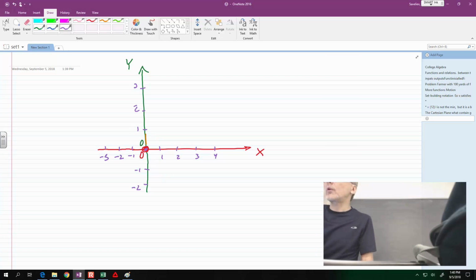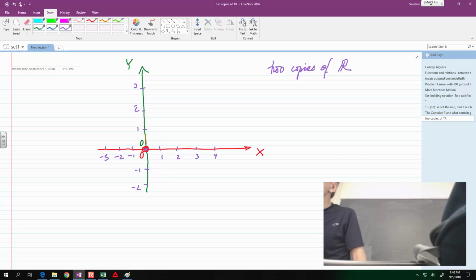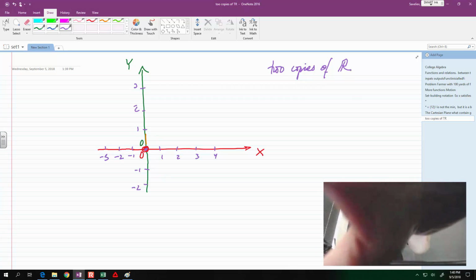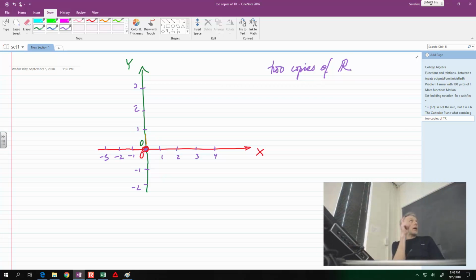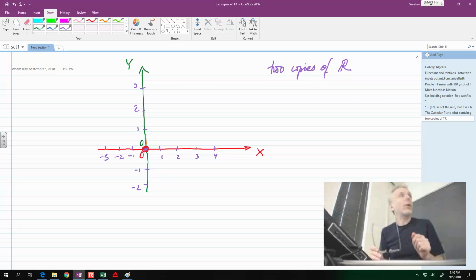Let me repeat: two copies, possibly different copies, of the real numbers. In fact, they don't have to be real numbers entirely. They could be. Remember, we talked about real numbers as this solid thing with no interruptions, no cuts, no missing points.